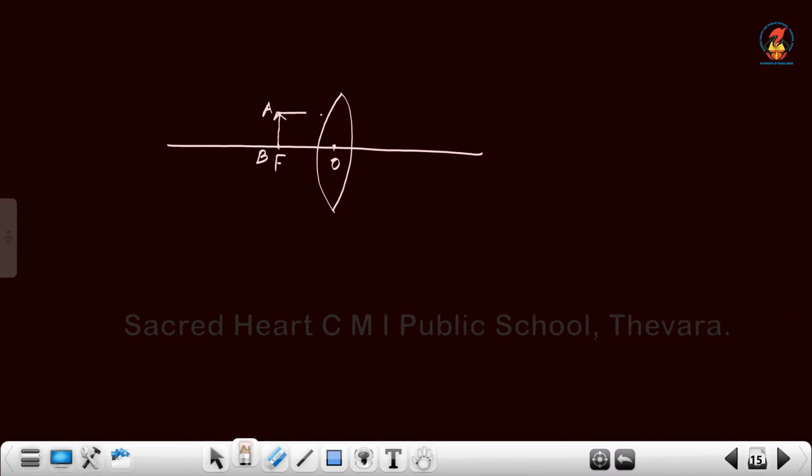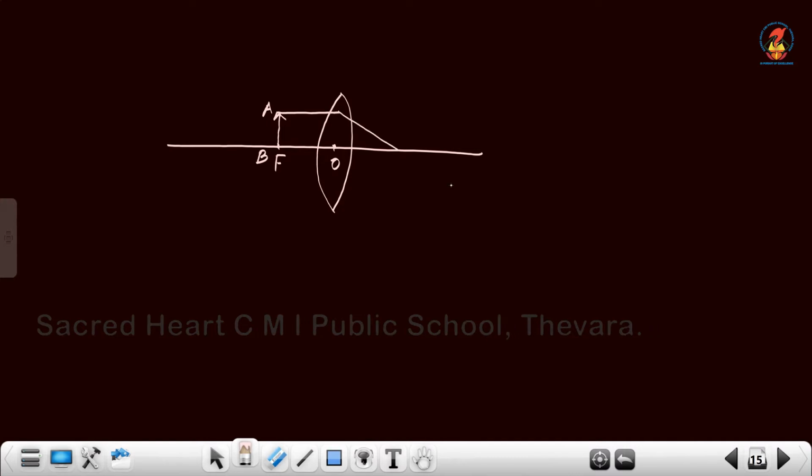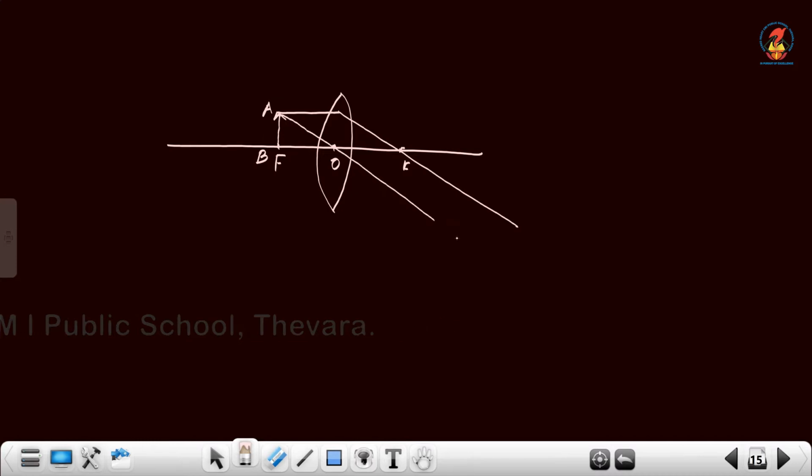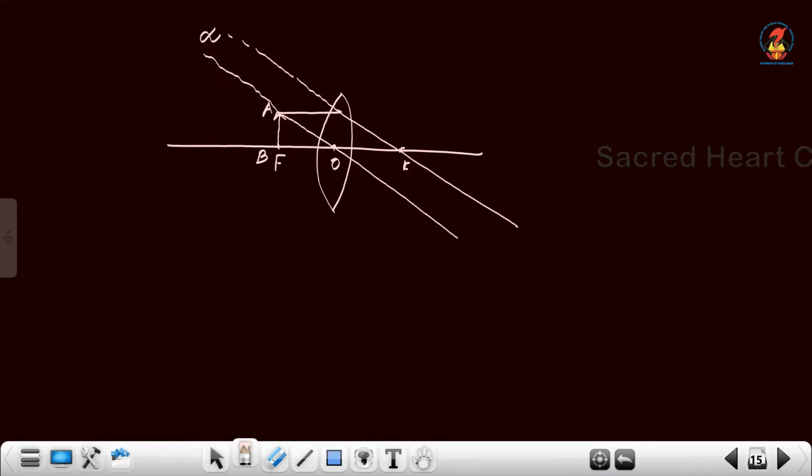The rays from the object pass through the lens, after refraction pass to the focus on the other side, and the ray which is passing through the optic center without any deviation travels in the same path. To obtain the image we retrace the ray backward, and we see that the image is obtained at infinity.